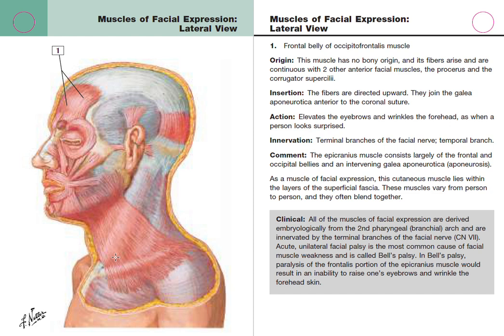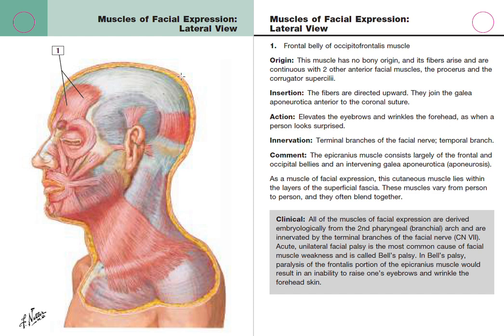We are now moving into head and neck territory. We start with the muscles of facial expression, a lateral view of the muscles of facial expression. Shown here in number 1 is the frontal belly of the occipitofrontalis muscle. The occipitofrontalis muscle.